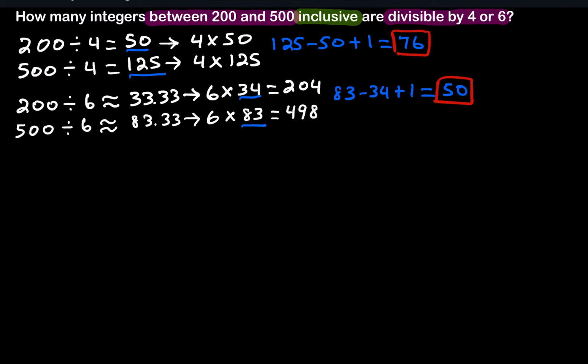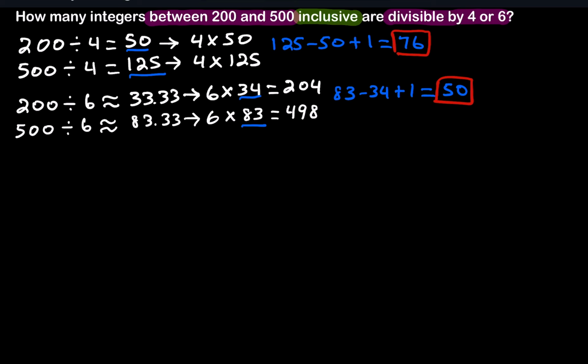inaccurate answer here. What we need to do is find the multiples of 4 and 6. The least common multiple of 4 and 6 is 12. What we need to do here, though, is find the first multiple of 12 within this range.